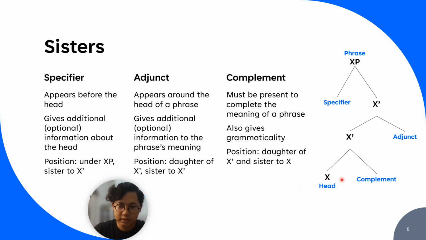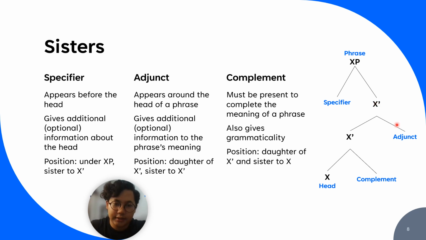It gives additional optional information about the head. It basically specifies what the head is. And its position is that it must be under an XP, a phrase, and sister to an X-bar.